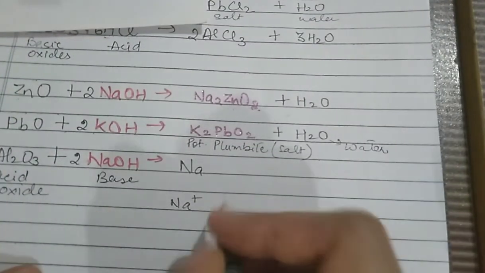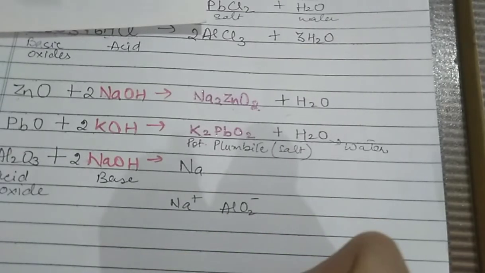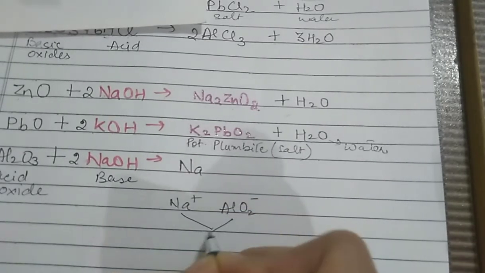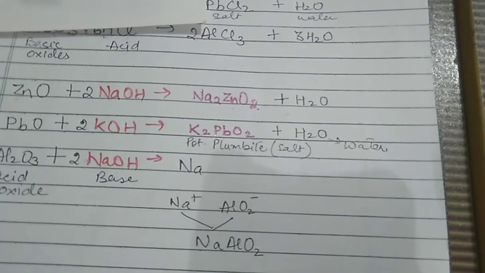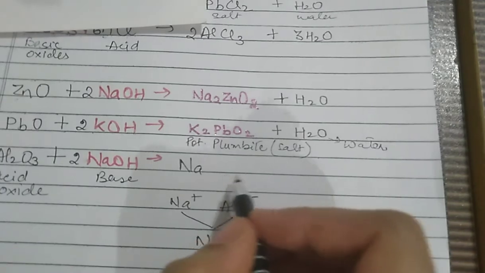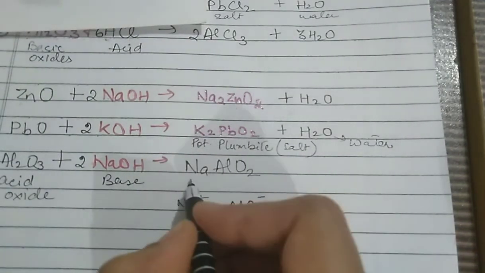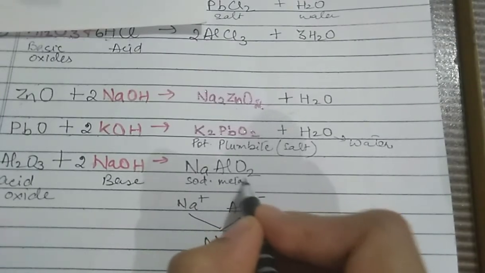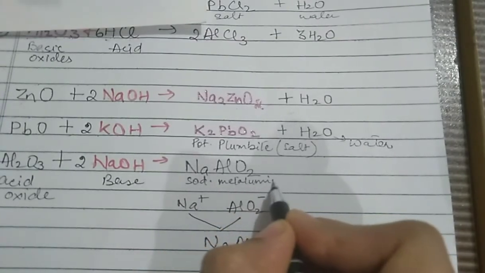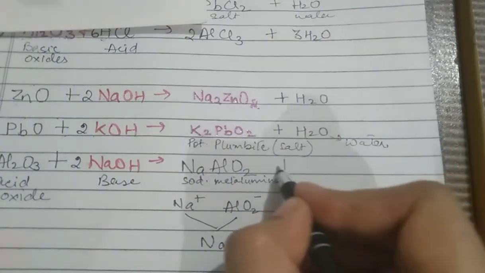So sodium is Na+ and meta-aluminate is AlO2-. So it will form the salt NaAlO2, sodium meta-aluminate, and water.